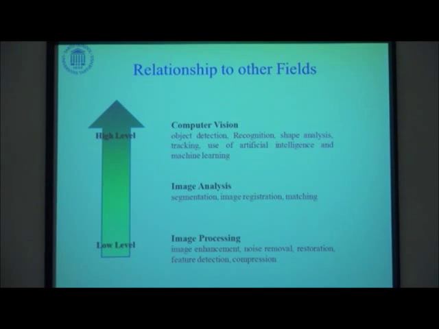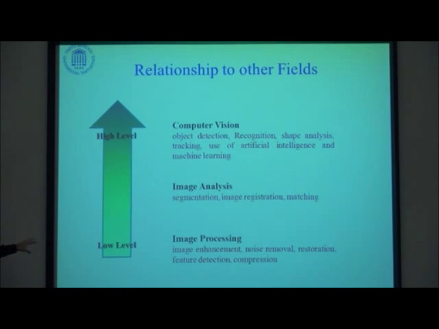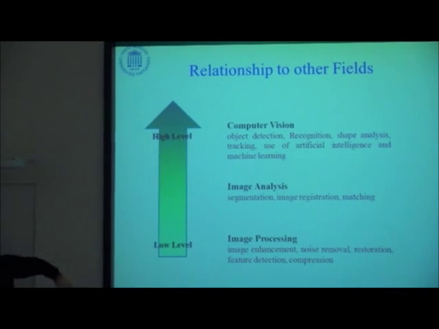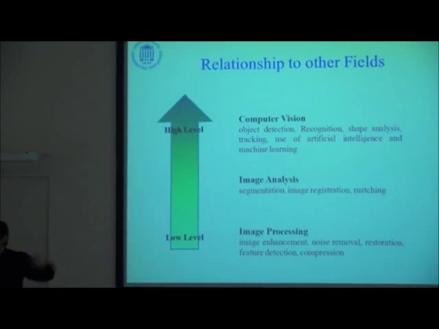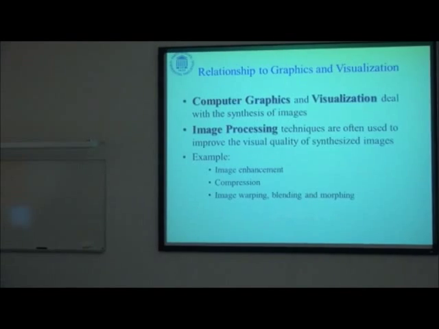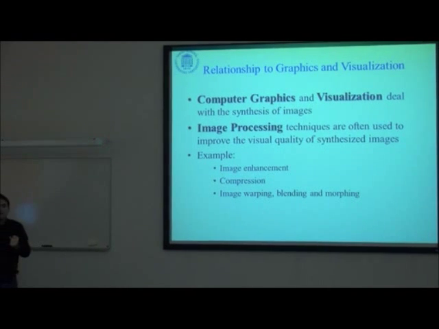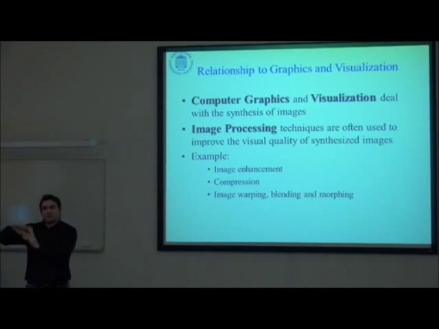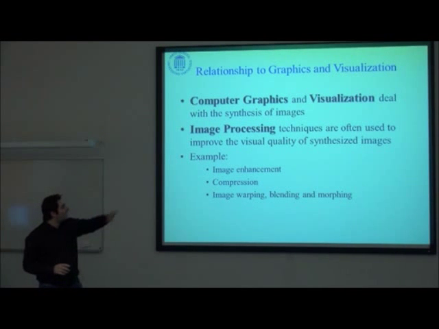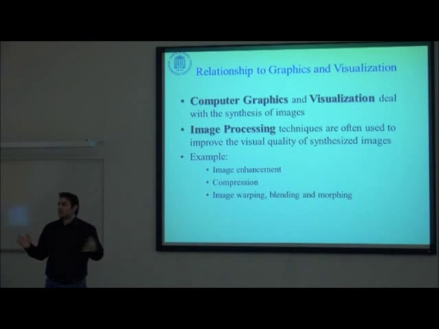The reason is that when you want to see an output application of your image processing or image understanding algorithm, it means that you are doing computer vision. But in line with that, there is a very important difference between computer vision, image processing, and computer graphics. Sometimes people mix them, but they are totally different.